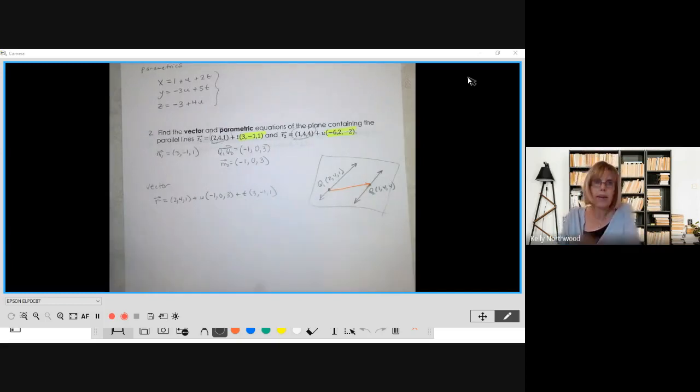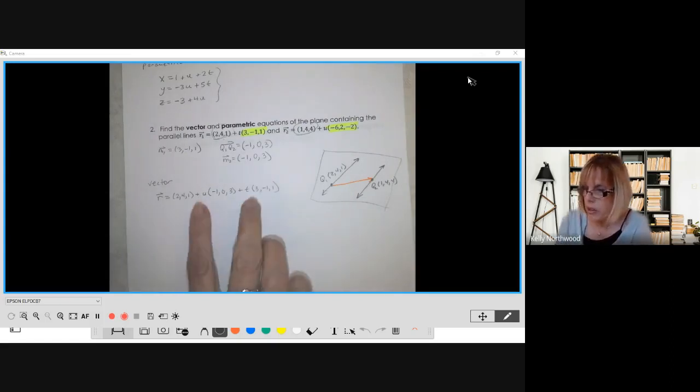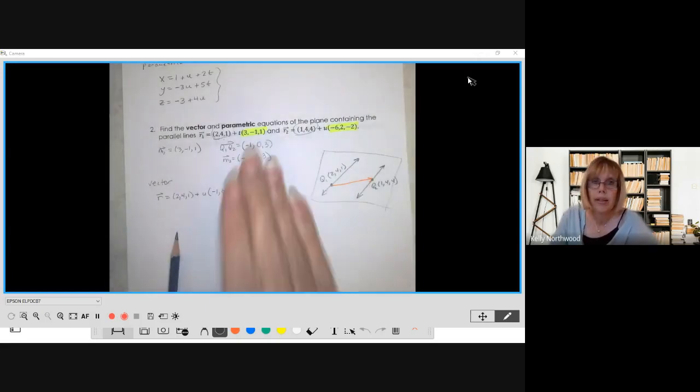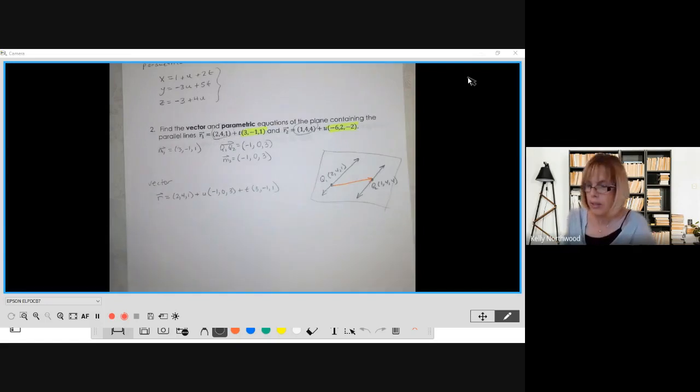These obviously could be in either order. I think I probably did an order. You probably would have put the 3, -1, 1 here, but it doesn't matter. So that's the vector equation of the plane. Remember, it's got 2 parameters instead of 1, and that's how you can tell, even though a line and a plane both start with R, whether we're talking about a line because it would only have 1 parameter, and a plane would have 2 parameters and 2 direction vectors.